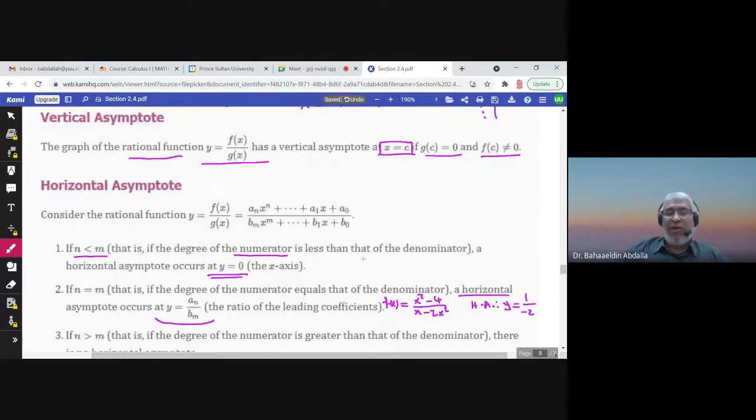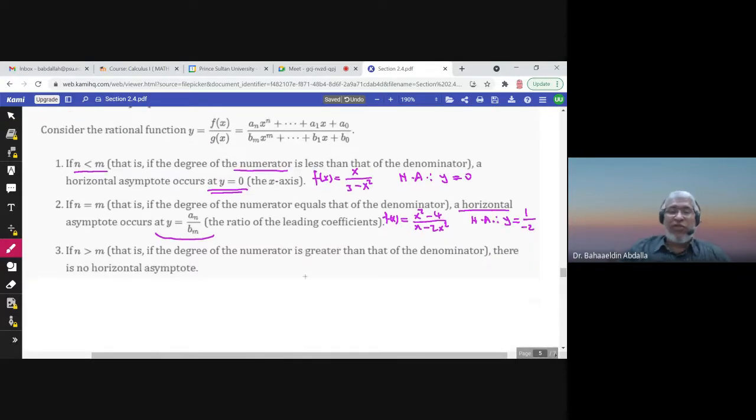Another example, if f of x equals x over 3 minus x squared, then the horizontal asymptote in this case is y equals 0, because the degree of the numerator is 1 and the degree of the polynomial in the denominator is 2. So the line y equals 0 will be the horizontal asymptote of this function.